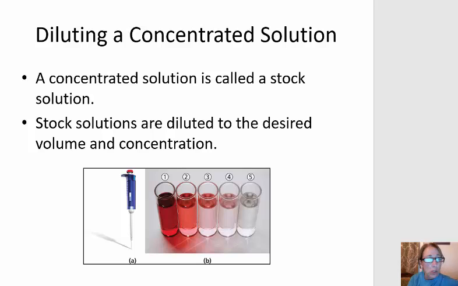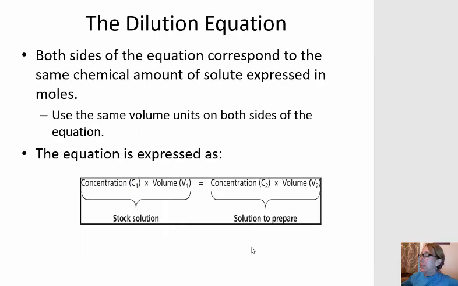the final diluted solution. So this is the dilution equation, and one side of the equation is information about the concentrated or stock solution, and the other side of the equation refers to the diluted solution after we've added water.